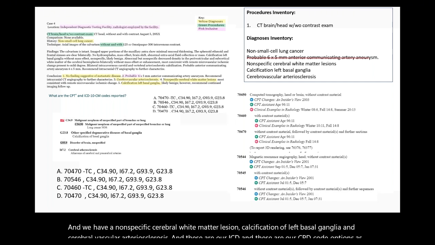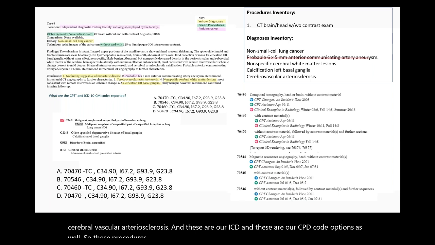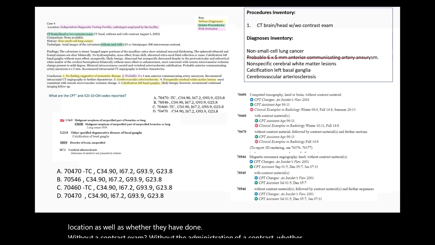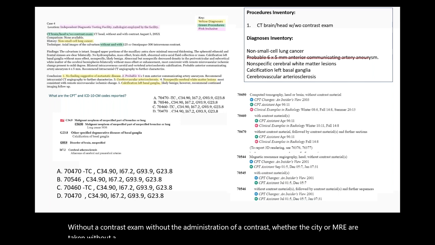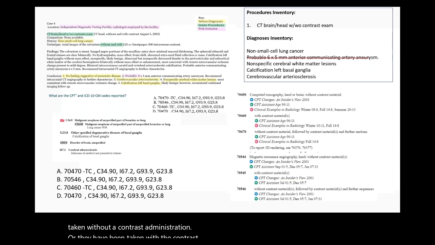So these procedures, the CT, MRI, etc., are classified in the CPT based on their location as well as whether they have been done without a contrast exam, without the administration of a contrast, whether the CT or MRA are taken without a contrast administration, or they have been taken with the contrast administration.